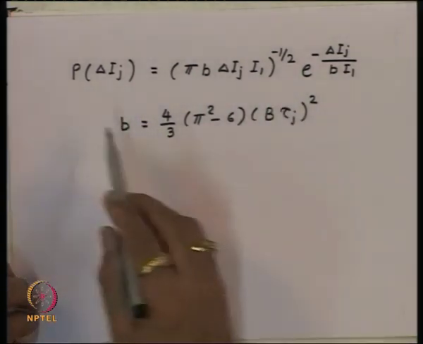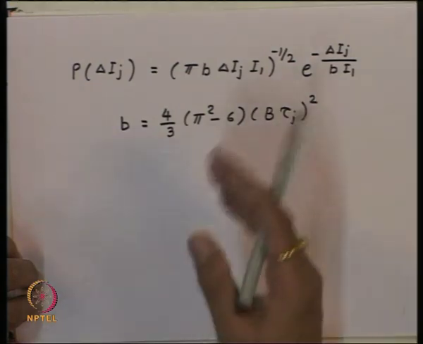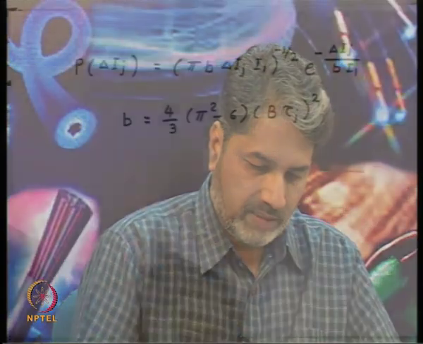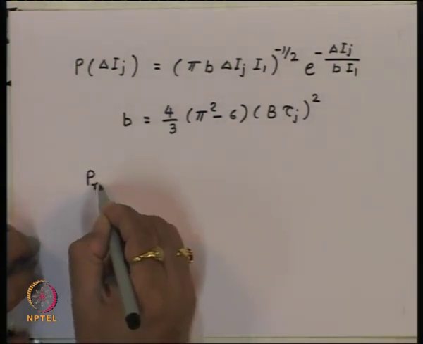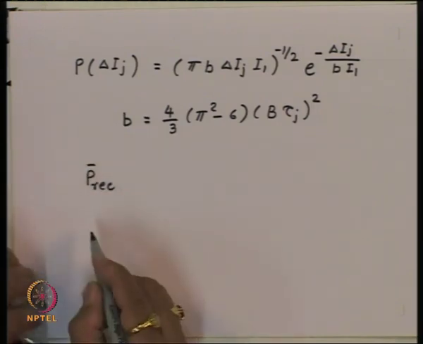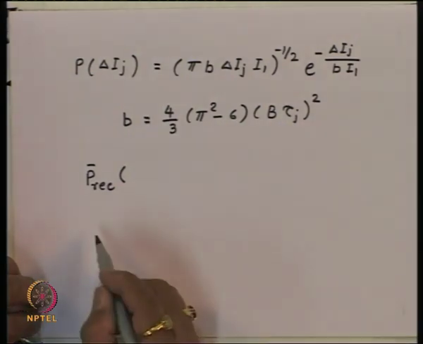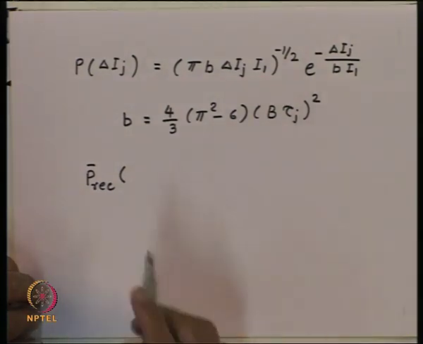So, once I have this density function for the current, we can go back and substitute into the noise expression. We can find out what is the relative intensity noise produced because of the timing jitter. So, if we do that, then we can get the received power P for a given Q. And now this will depend upon this quantity here, which depends upon this tau j, which is the standard deviation of the timing fluctuation or jitter in the clock.